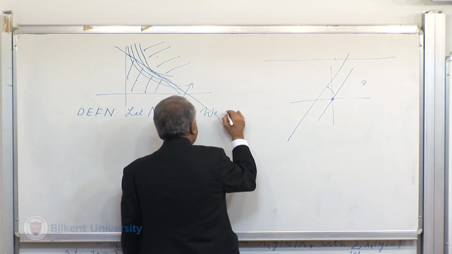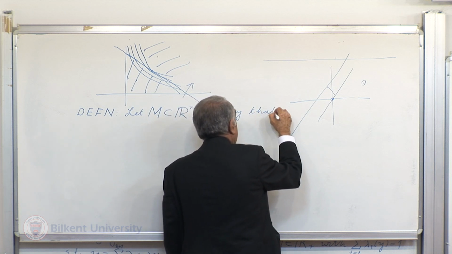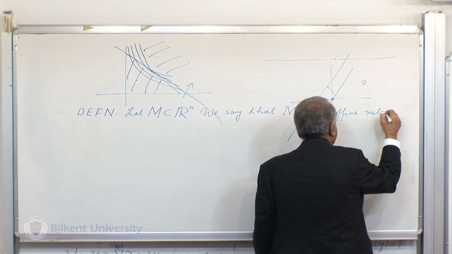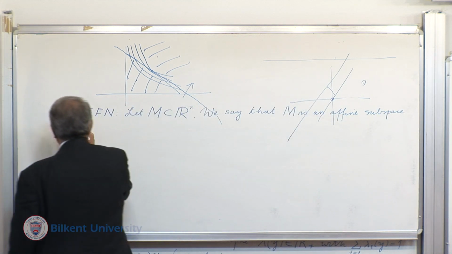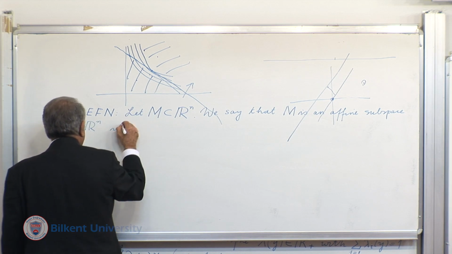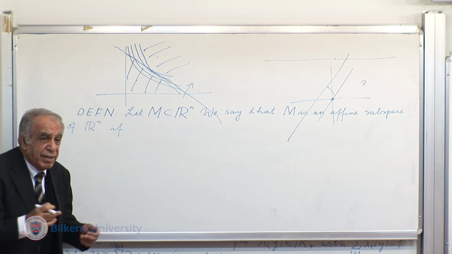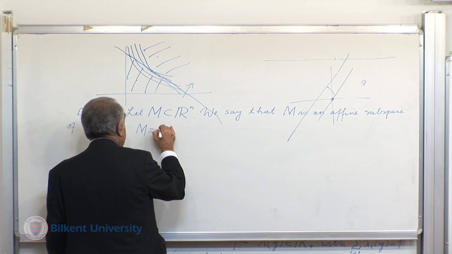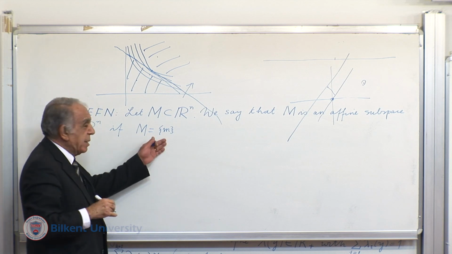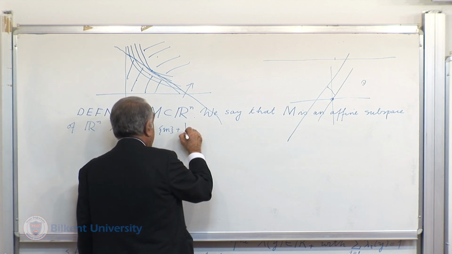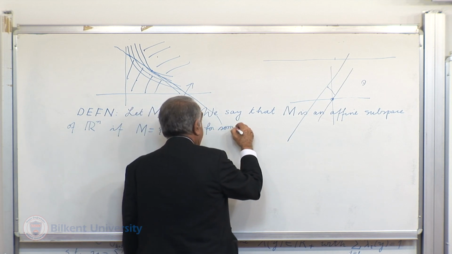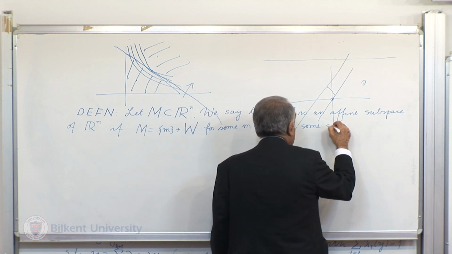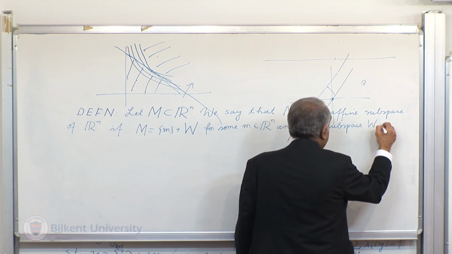We say that M is an affine subspace of Rn if it's the shifted form of some subspace W. That is, if M is equal to the singleton set {m} plus W for some m in Rn and some subspace W of Rn.